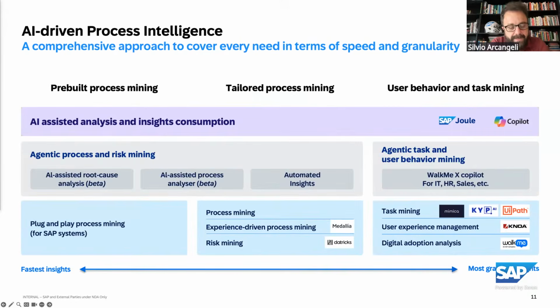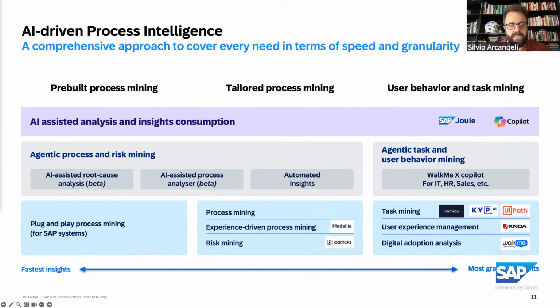Now, digging a bit deeper into process analysis and mining, we are implementing AI, of course, everywhere across the Signavio suite. And we have structured our process analysis and mining solution across different degrees of granularity. So as I said earlier, we start with pre-built mining first, when applicable.